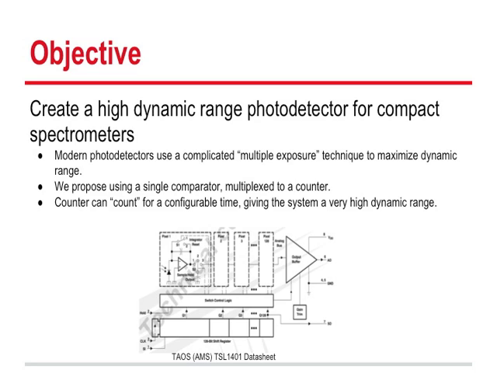The nominal dynamic range is quite large for the Taos AMS 1401, which is shown below. For example, more than 1,000 to 1 range can be achieved within a single exposure, and the exposure duration can be modulated over a further 3,000 to 1 range.